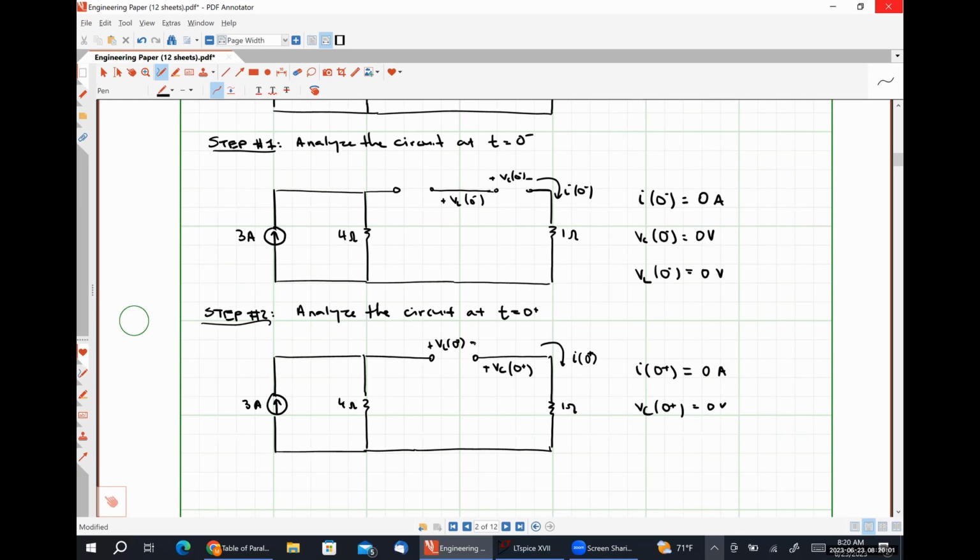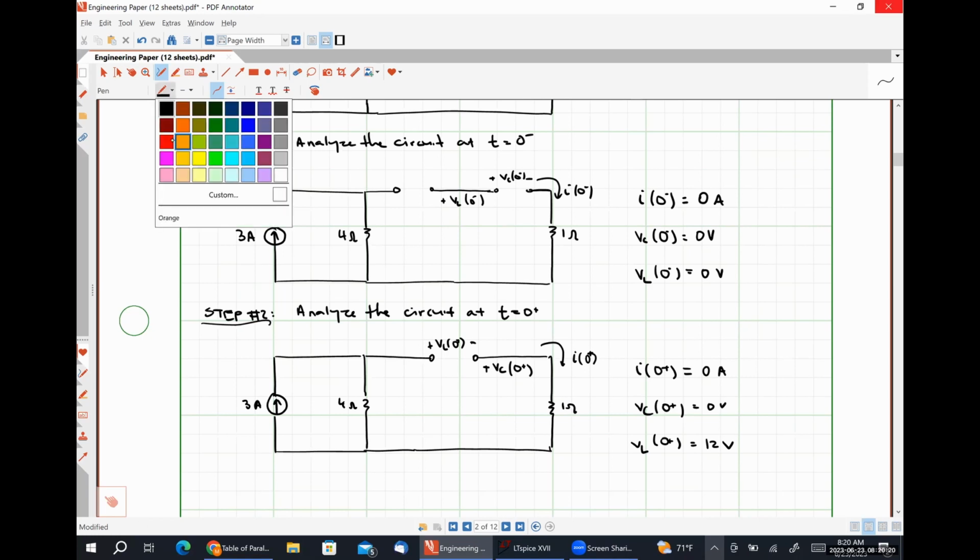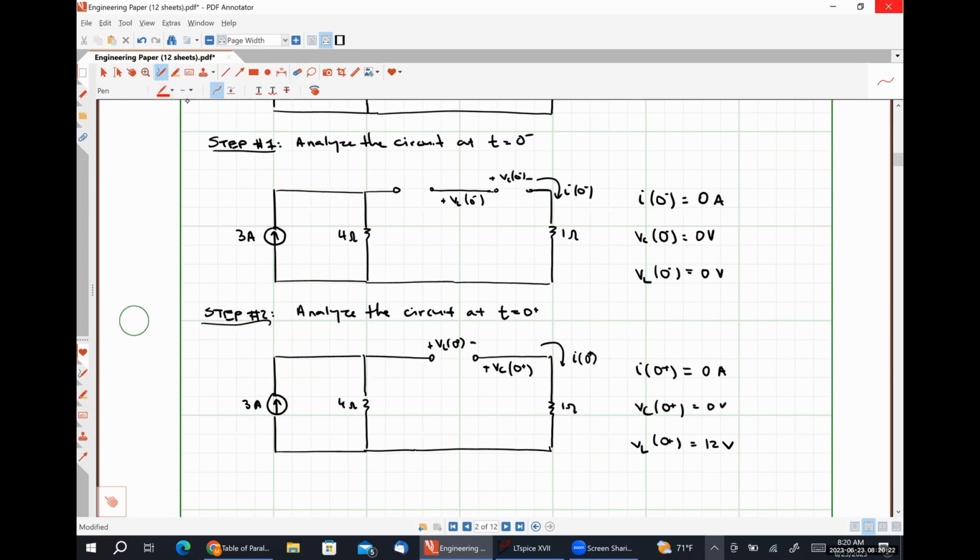And what we are going to see now actually is that VL at 0 plus should be 12 volts. So let me explain specifically what I mean by that. I'm going to use colors here so we can denote some things, right?